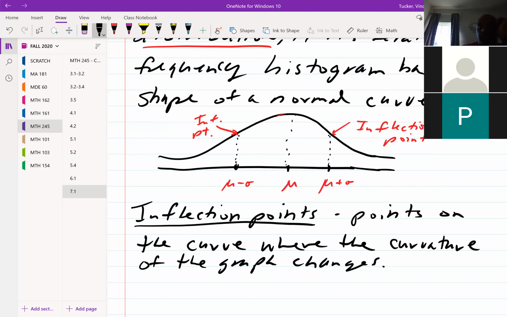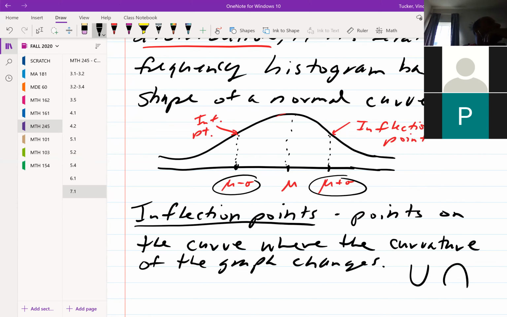When you add a standard deviation to your mean and then subtract a standard deviation away from your mean, that's what we have here. Those are your inflection points of your normal distribution. And those inflection points are points where the curvature changes. In other words, it goes from concave up to concave down. This is concave up, this is concave down.